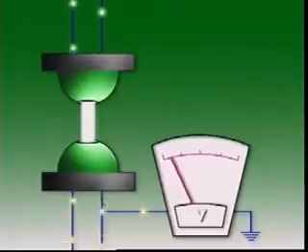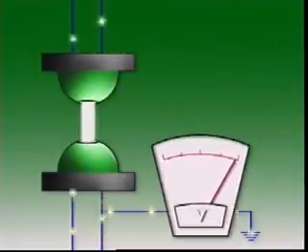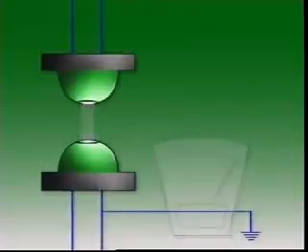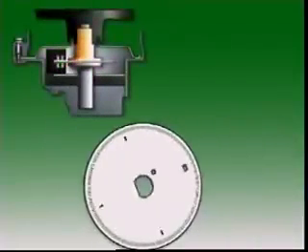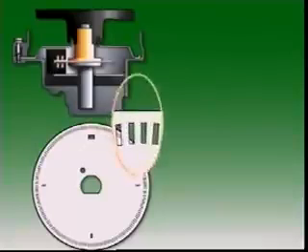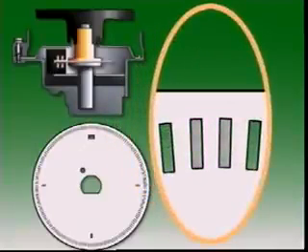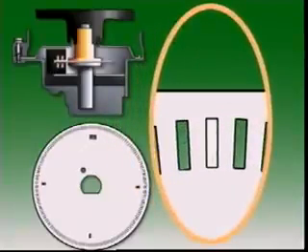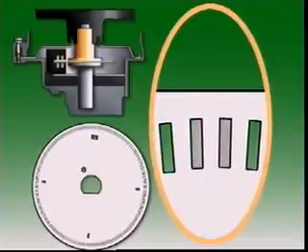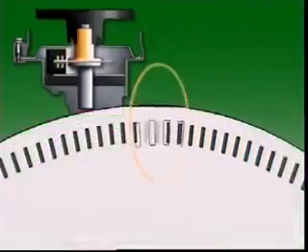Photodiodes receive this light and use it to make a voltage output signal. When a slit is in alignment, the light beam passes through and a signal is transmitted to the control unit. When the slit is out of alignment, the light beam is interrupted and the signal falls to zero.